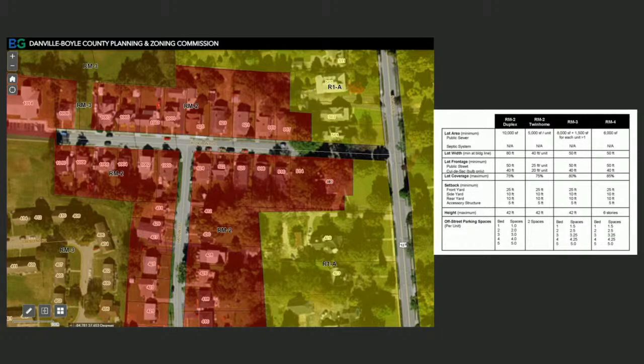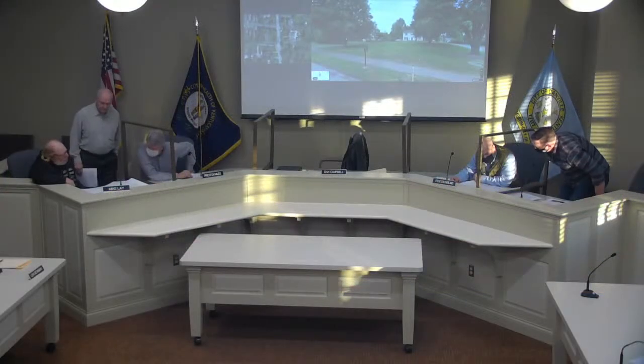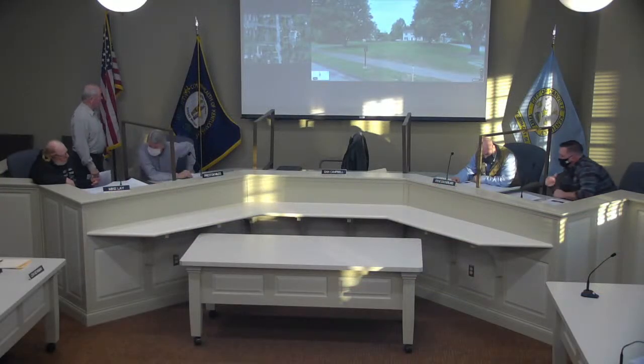But let me explain what the variance request is, because it's pretty straightforward. There is a garage back there. I'm looking right here, I guess I put it on that slide. Yeah, so there's a garage back there in the back corner of the property that's been there for several years, and it doesn't meet the setback.